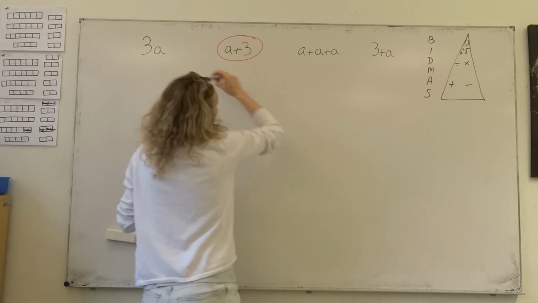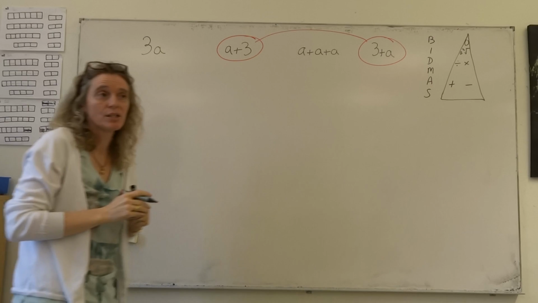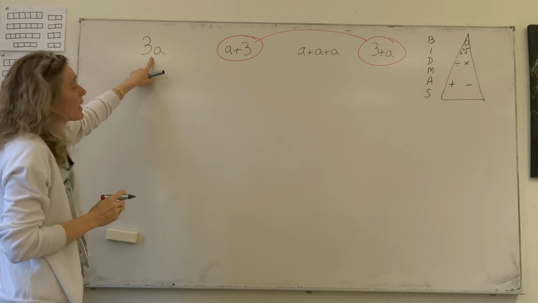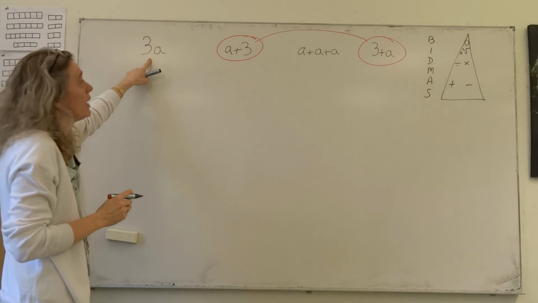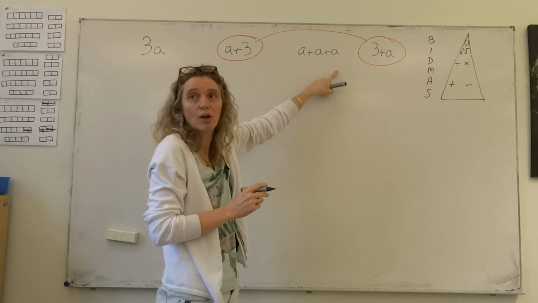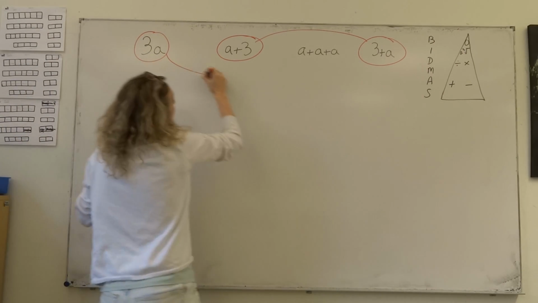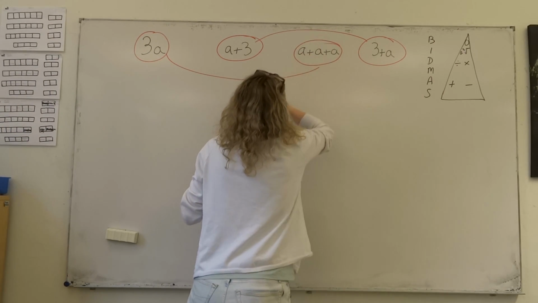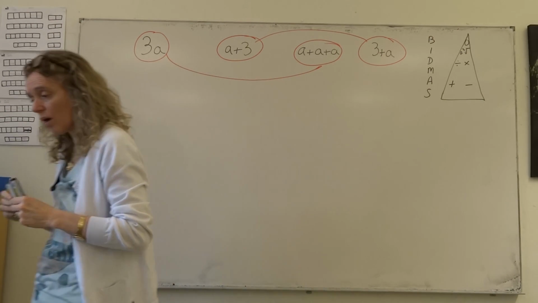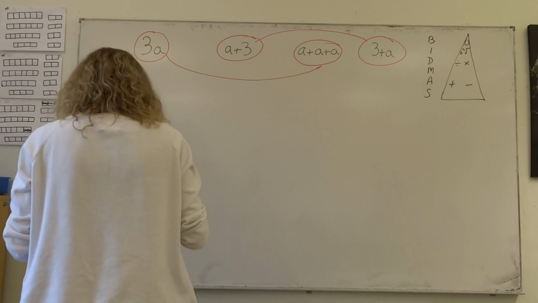Those two things are identical. And we should also recognise that 3 lots of a is the same as a plus a plus a. There's 3 a's here, 3 lots of a here and 3 lots of a here. So this one is identical to that one. So there are 2 that are identical with each other. A matches with C and B matches with D.